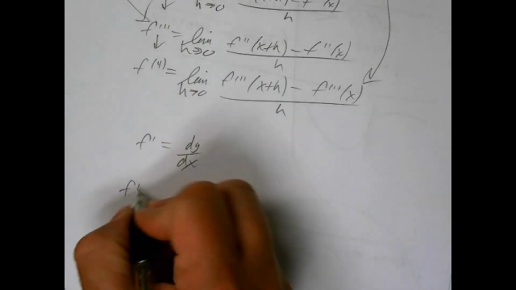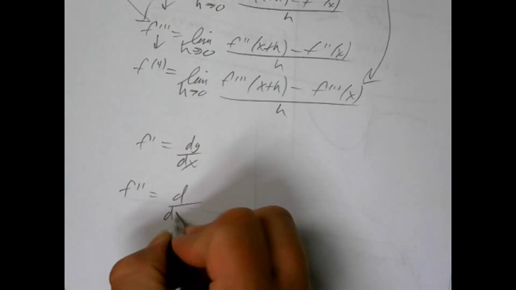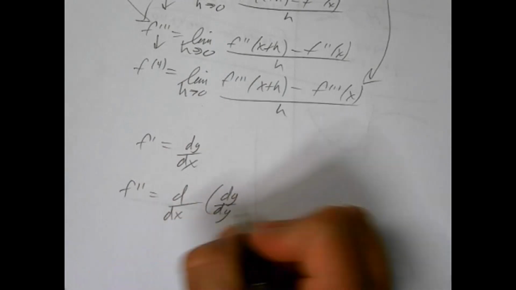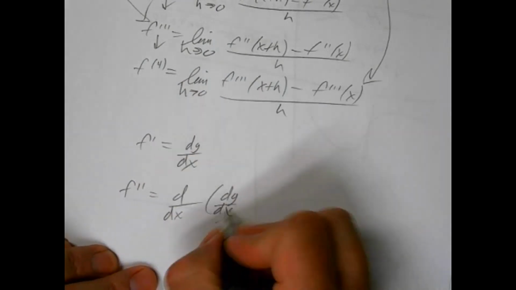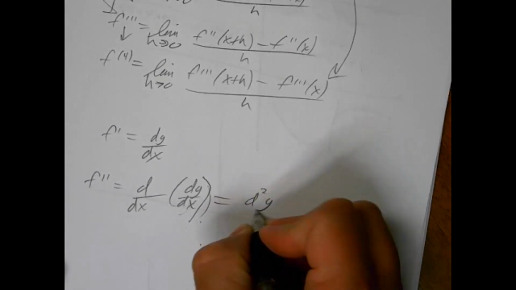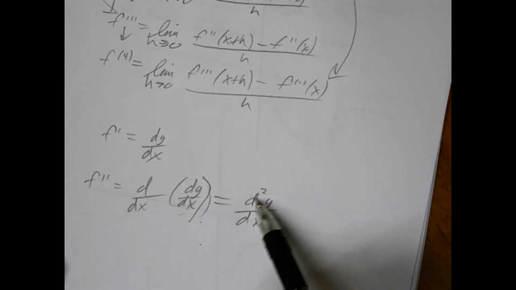Therefore, f double prime is the derivative with respect to x of that original dy dx. And that can be written as second derivative of y with respect to x, just like that. So this means you took the derivative twice of y, and it was with respect to x twice, both times.